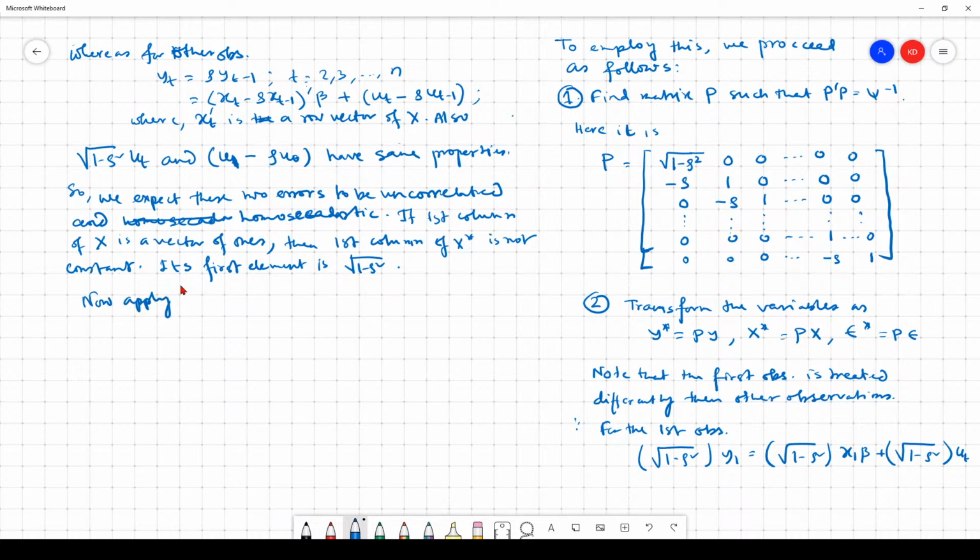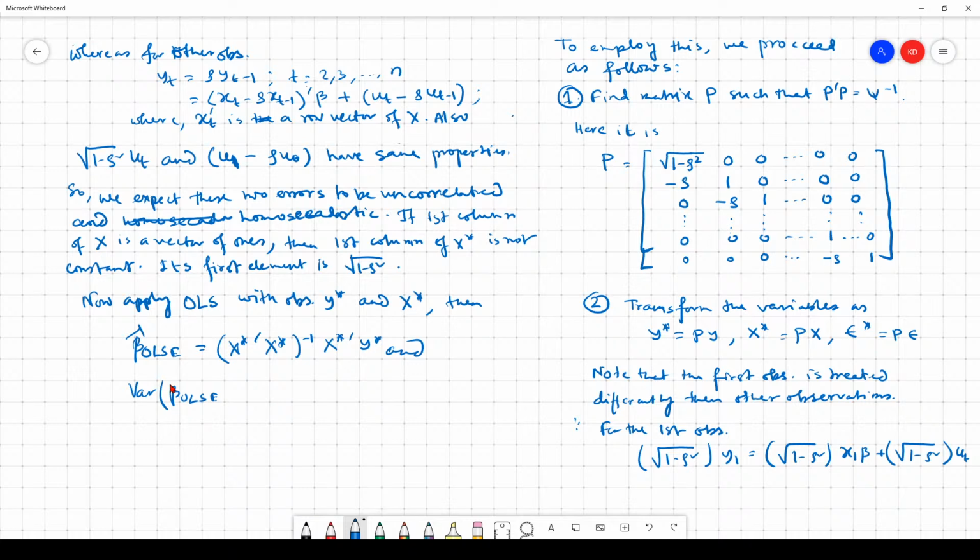Now apply OLS with observations y star and x star, then OLS estimator of beta, which is denoted by OLS beta hat, is equal to x star prime x star inverse x star prime y star, and dispersion of this OLS estimator is equal to sigma square x star prime x star inverse, which is equal to sigma square x prime omega inverse x whole inverse.